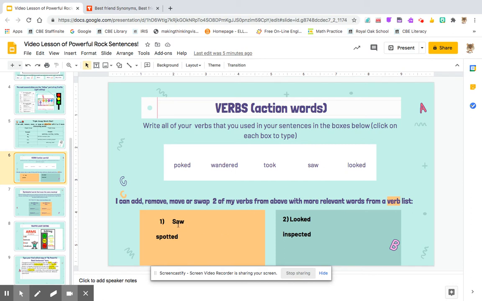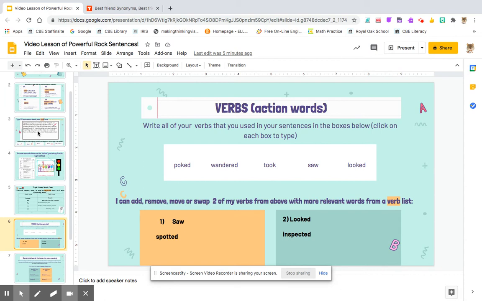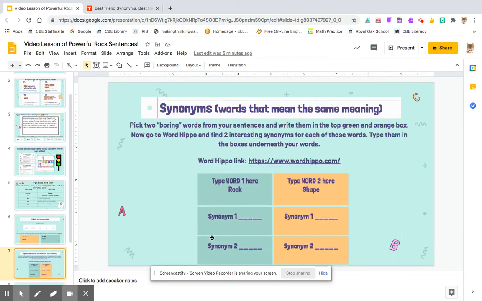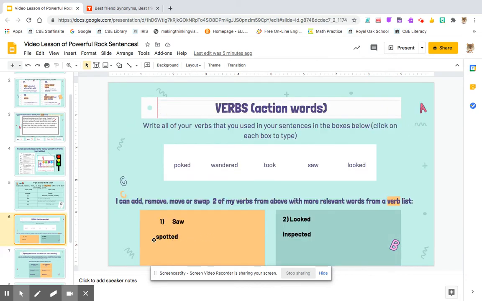So I went in and I chose saw and looked from my writing. I stopped, brushed off, and saw some bumps. And then my friend took the rock and looked at it carefully. And I wrote those ones in. And then I looked up some other words for saw, some other words for looked, and decided on inspected and spotted.